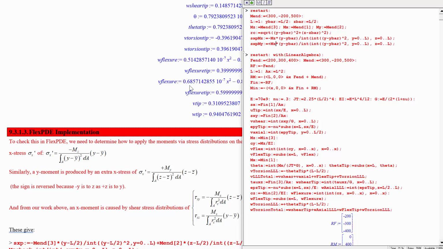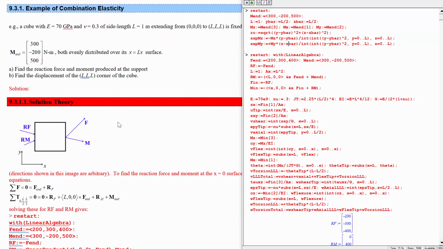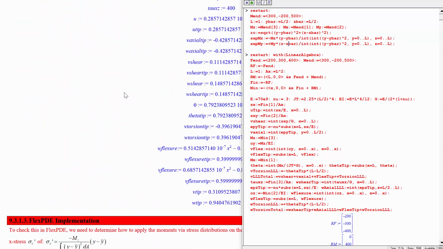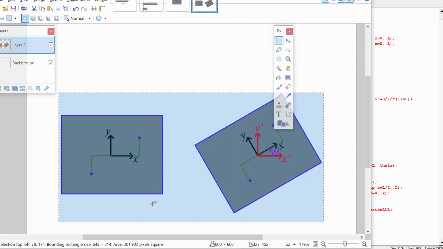We're going to have positive the MY that we want times z minus z bar. Let's just check. If we're at a positive y position over to the right, and we have more stress over there, that's going to be creating something that is going, where's our coordinate axes here? I guess we don't have a picture of it here. But z is on this surface.